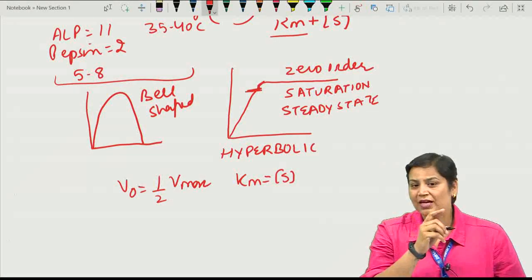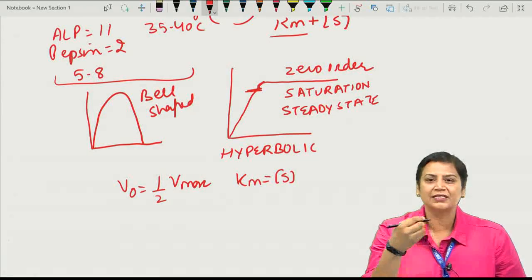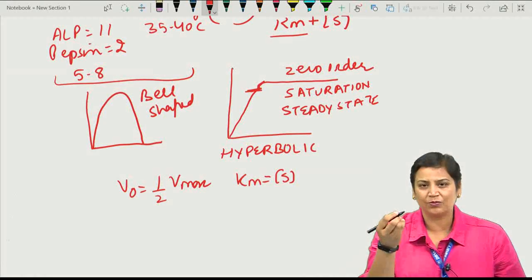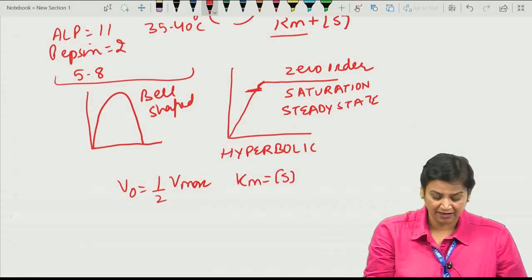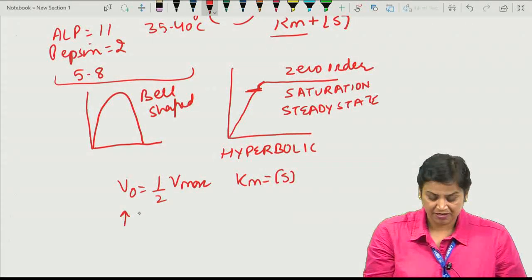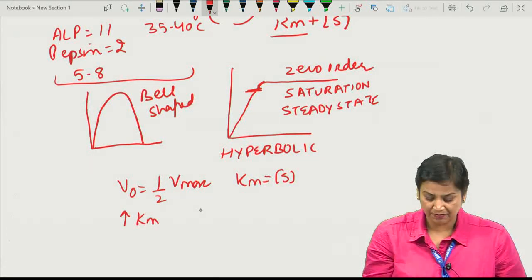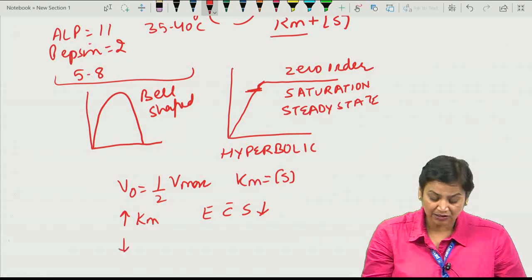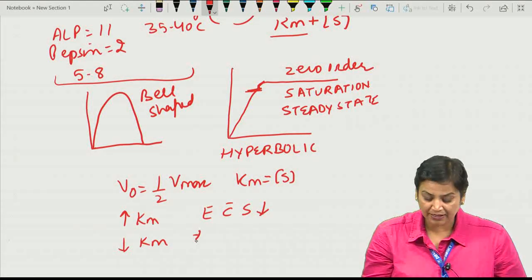And the significance of Km is it depicts the affinity of the enzyme with the substrate. It is basically inversely proportional. If an enzyme has high Km, that means the affinity of the enzyme with the substrate is low. Similarly, if it has low Km, the affinity of the enzyme with the substrate is high.